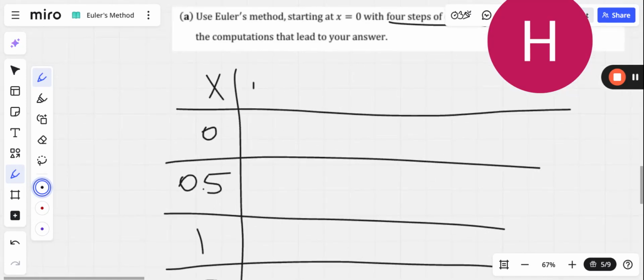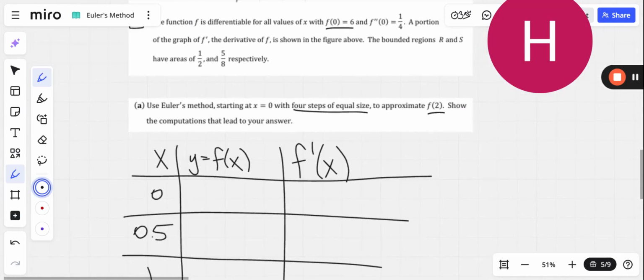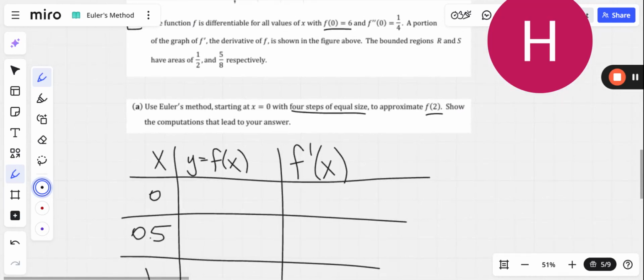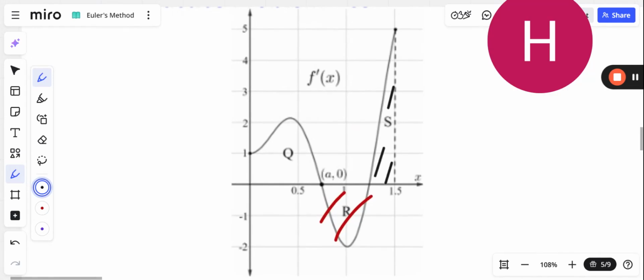So we're going to have to update our tangent line quite a lot. Y equals f of x. And then we have, I guess we can just say f prime. It's the same thing as dy dx. All right, well, let's get started. We know that f of 0 is 6, so that is helpful. And we know that the value of f prime will always be found on this graph, okay?